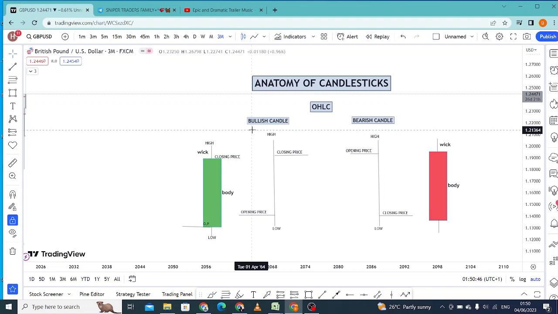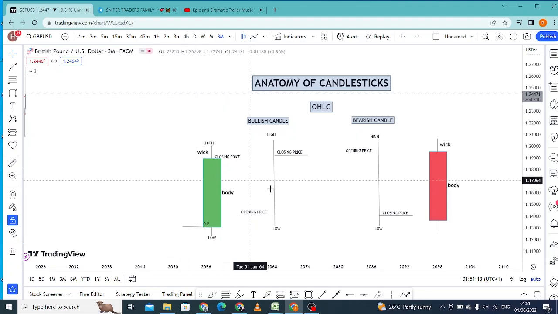It's representing the decisions being made by the central banks, by different banks all over the world, decisions that affect price, that affect smart money, that affect even the economy of a nation.